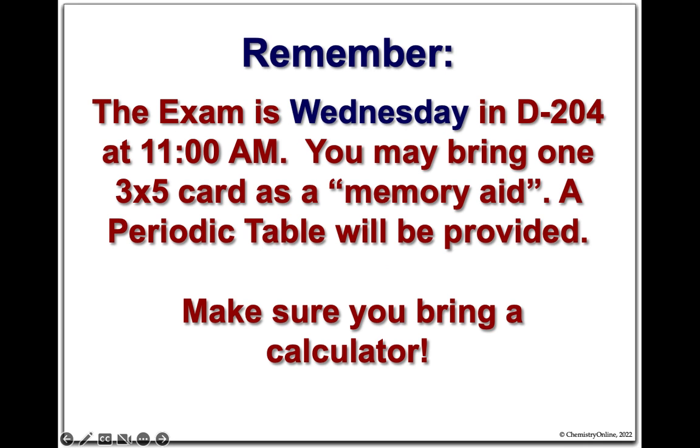Again, you may have your 3x5 card. I will give everyone a periodic table. Now, in this room, hidden back there somewhere, we have a little thing of calculators, in case you forget yours. I'm not sure they have them in 204, so please remember to bring your calculator. I will check to make sure, but I'm not sure. That's it.